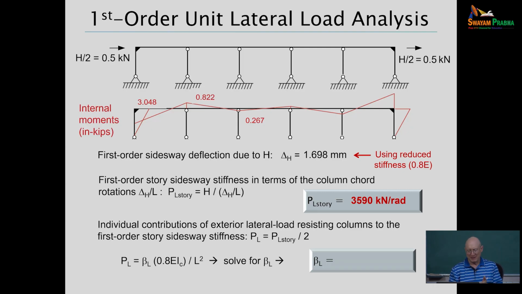So I could calculate a PL as a coefficient times my 0.80 EI divided by L squared. I know E, I know I of the column, I don't know beta L, I know L. I equate that to half of PL story, solve for beta L, I get 1.884.